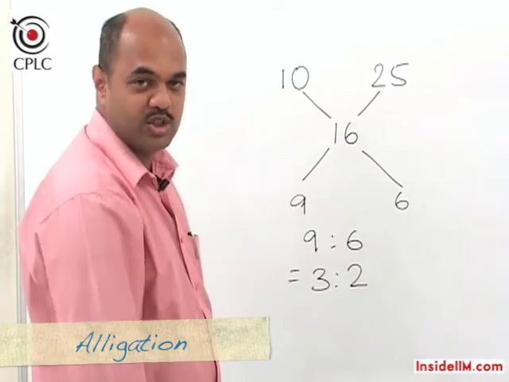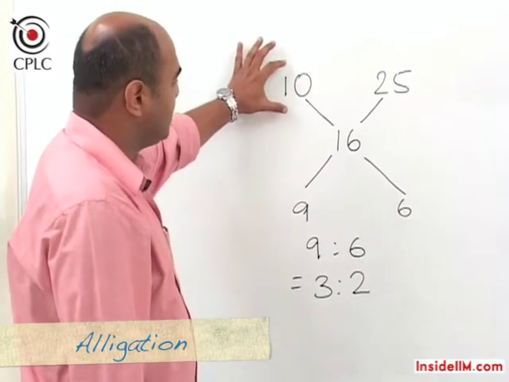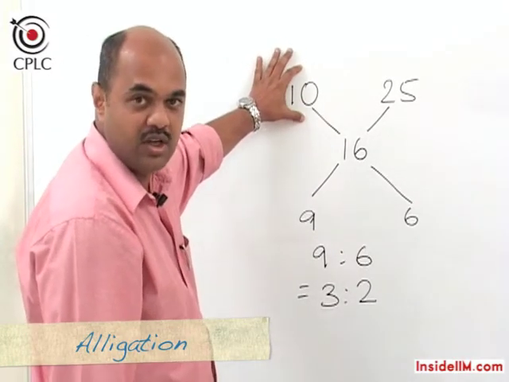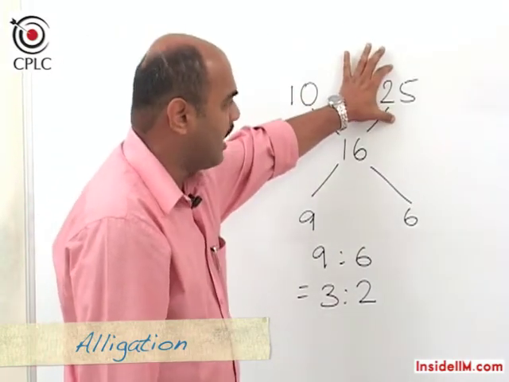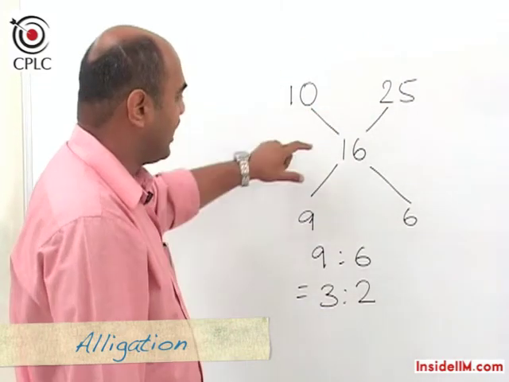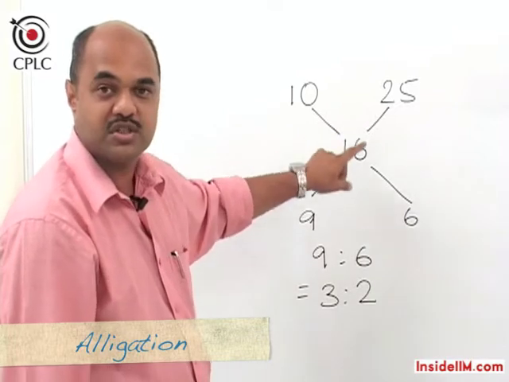So the question could also be, how much money should be invested at 10% return along with 1 lakh invested at 25% return so as to get an overall return of 16%.